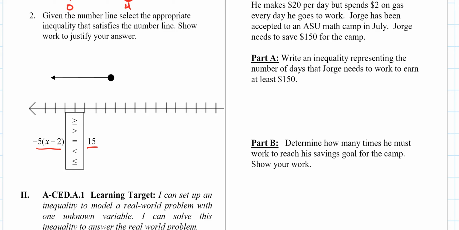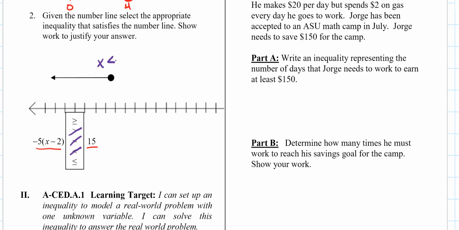We know that we have a closed dot, so it's either a less than or equal to or a greater than or equal to sign. So that means that the less than sign is gone, the greater than sign is gone, the equal sign is gone, because we have an inequality, and when we look at that final answer, it's pointing to the left, which means that x has to be less than some number.